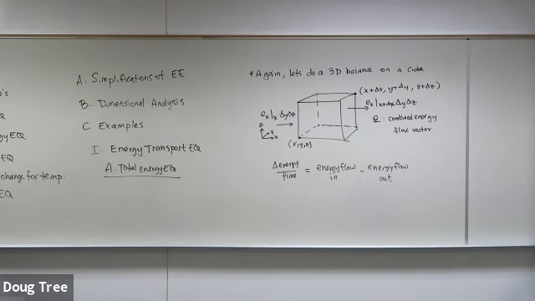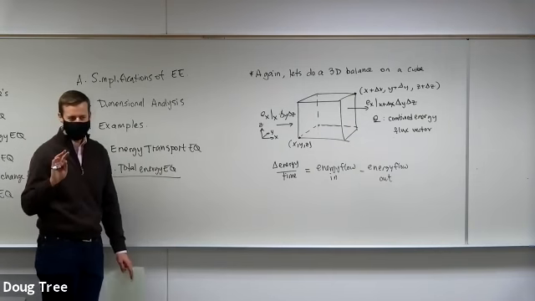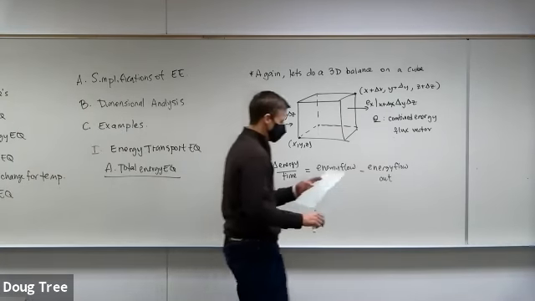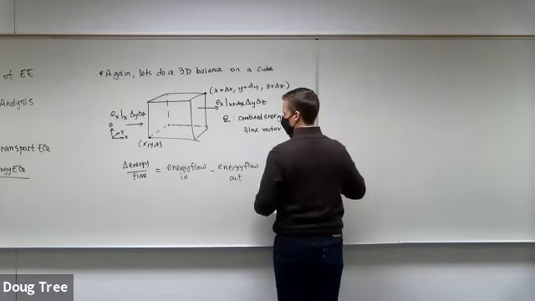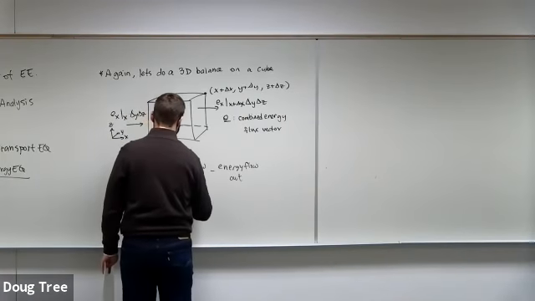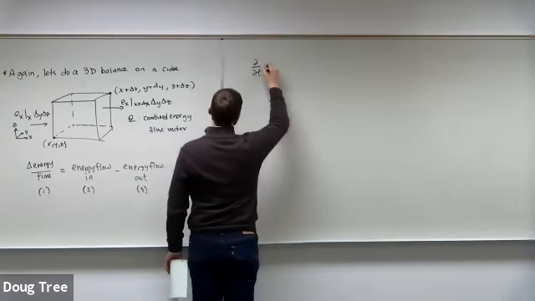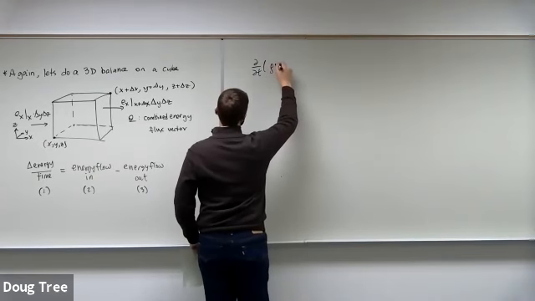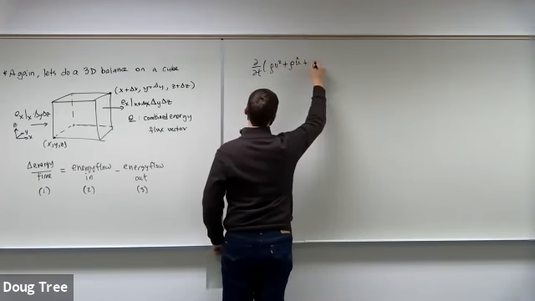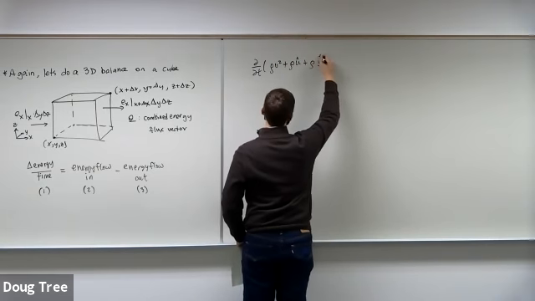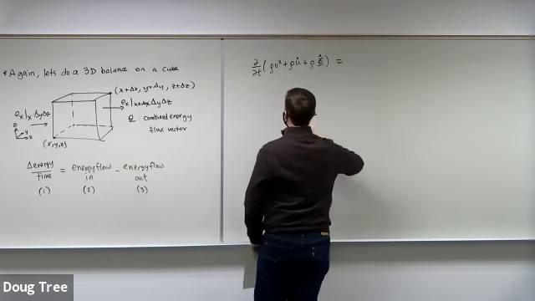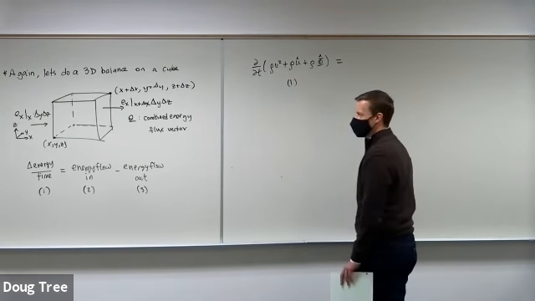We've done this process a lot of times now, so let's see if I can write up an equation that skips a couple steps. I'm going to call this 1, 2, 3. So d/dt of rho v squared plus rho u hat plus rho phi hat, that's going to be 1. I'm going to write it up and then we'll talk.